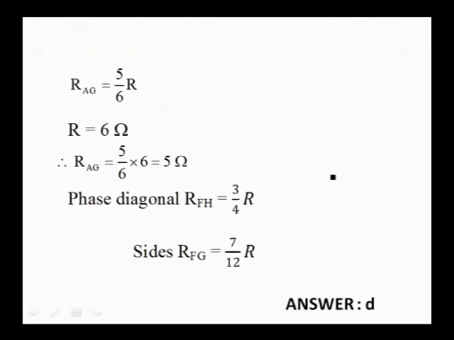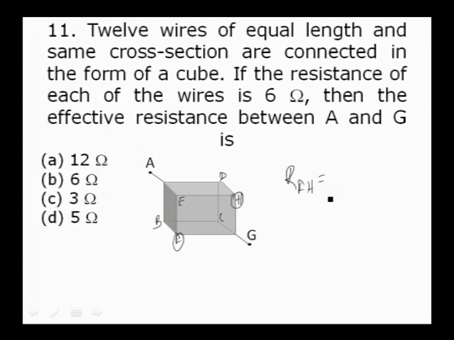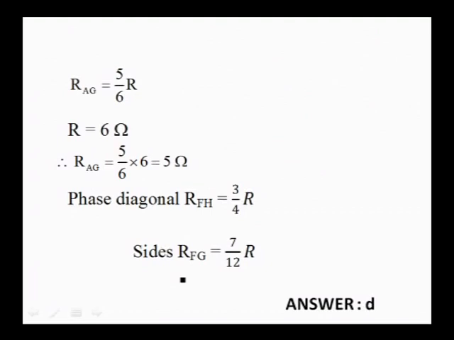For that, the resistance is equal to 3 by 4 R, where R is the resistance value. Similarly, if you want to calculate the resistance for the side, this is the side, that is R_FG, the effective resistance is 7 by 12 R. You can also use this concept for other problems.